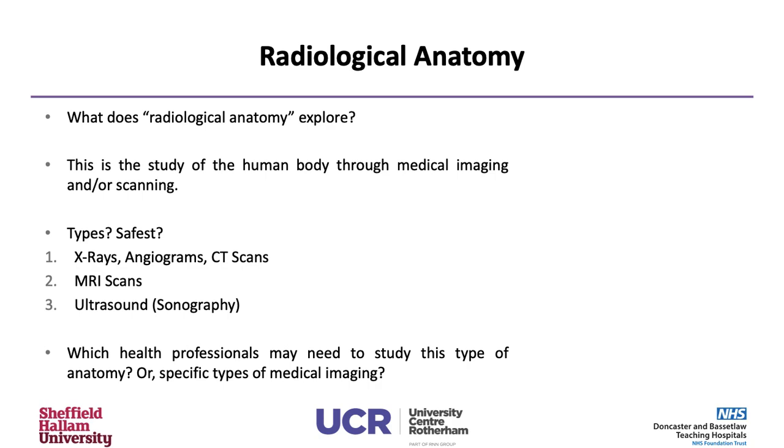Equally, if you are doing X-rays on a child or an embryo or an unborn baby, would X-rays be a safe and effective way? Well, no, it wouldn't. Giving radiation in high doses to a child or an unborn baby could give it serious side effects. So in that case, you'd use ultrasound, and ultrasound as a whole is the safest way of studying the human body through medical imaging or scanning.